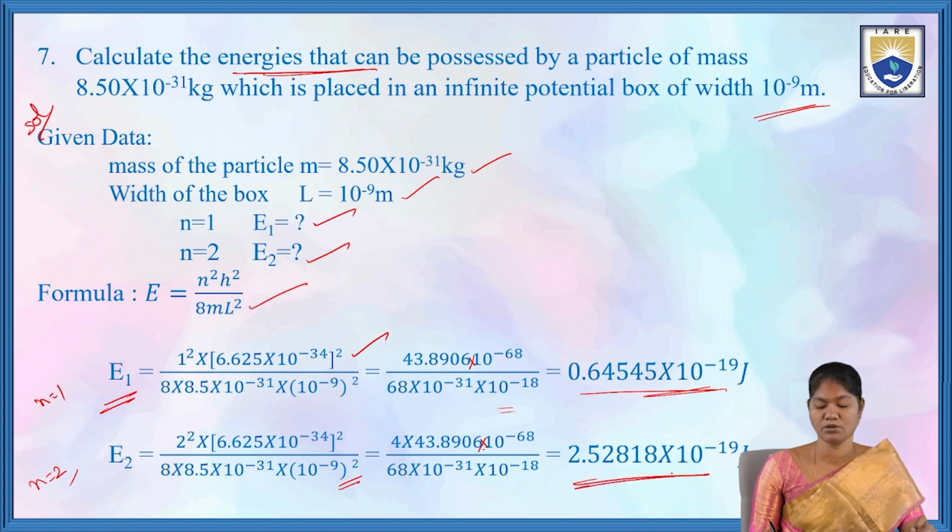That is equal to 2.52818 into 10 power minus 90 joules. These are the energies of the particle of mass 8.5 into 10 power minus 31 kilogram when placed in the potential box of width 10 power minus 9 meters.